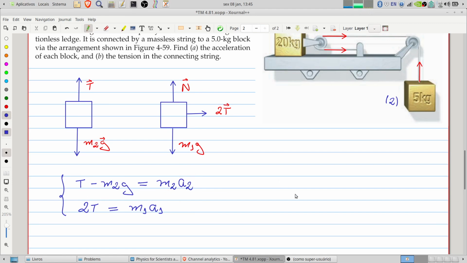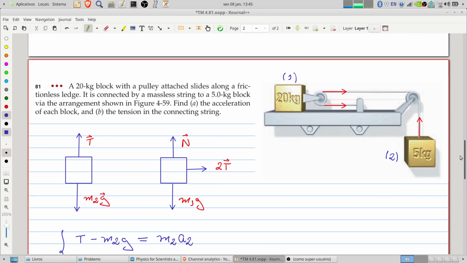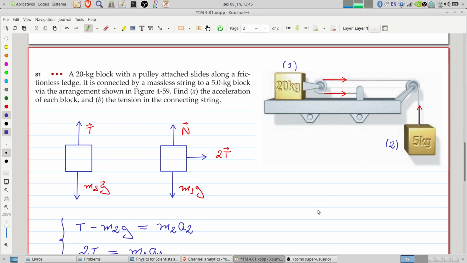To solve the problem, another equation is necessary, and we can find it by looking at the problem. We know that the blocks are connected, so the acceleration of block 1 is related to the acceleration of block 2.